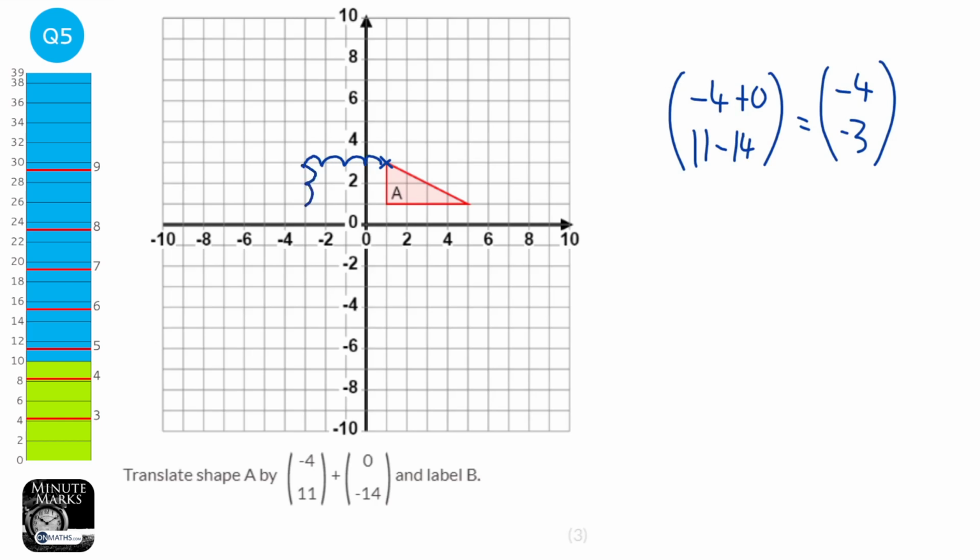So 1, 2, 3. And we can do that for each of the other points. And when we've done that, we can join them all up with straight lines.